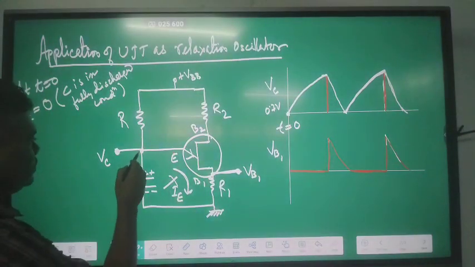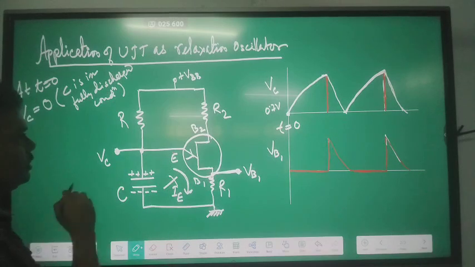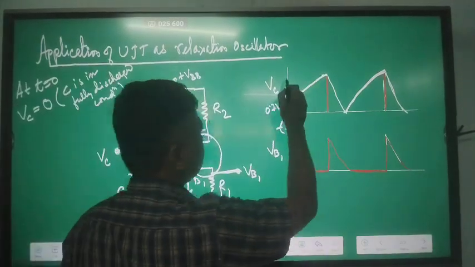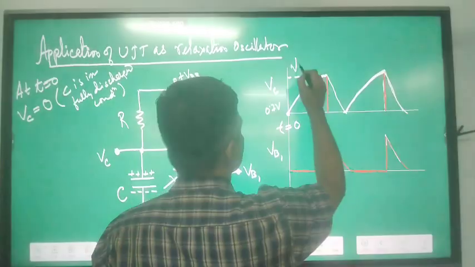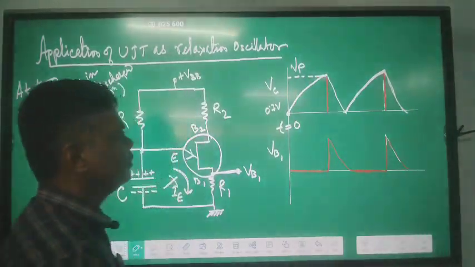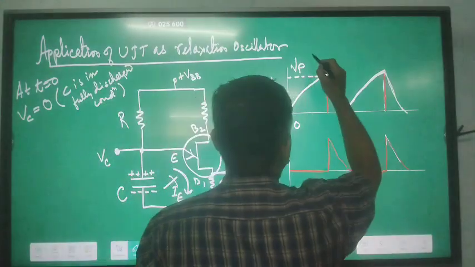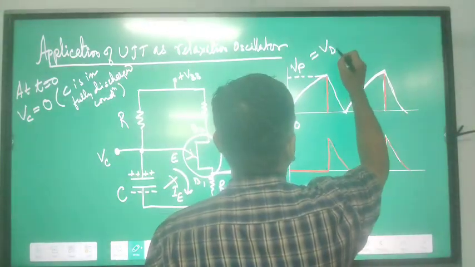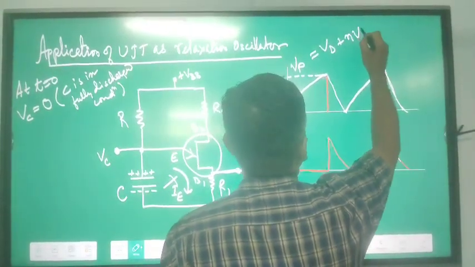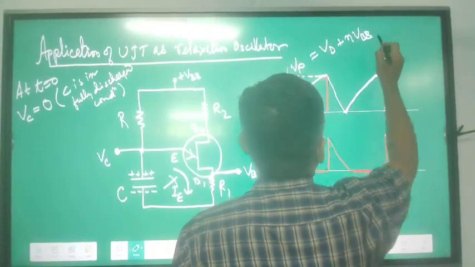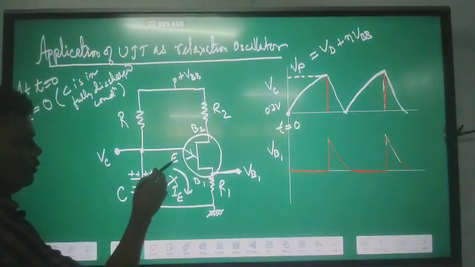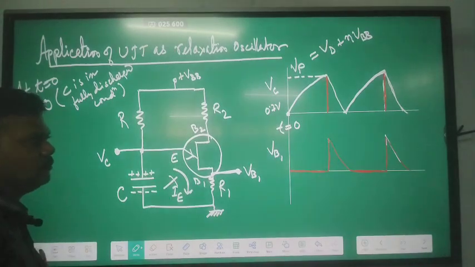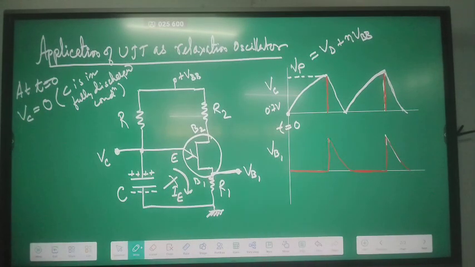As the voltage across C increases, if the Vc value is equal to a voltage called peak voltage, which I am denoting as Vp, equal to Vd plus eta VBB, this is the voltage that is required to make this emitter and base junction forward biased, which we have already discussed in our earlier videos.